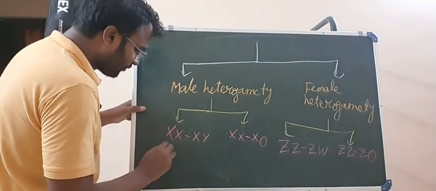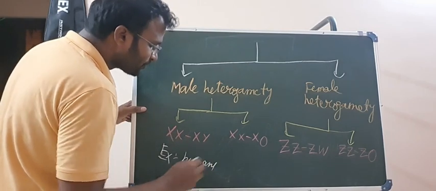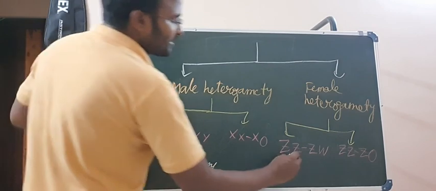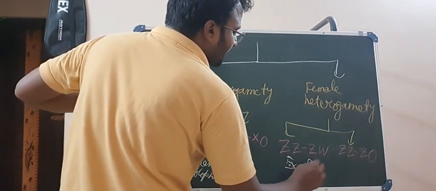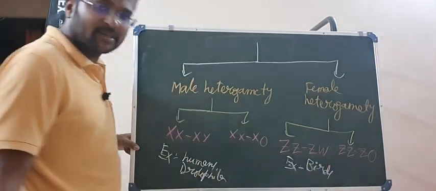XX, XY, if you take, the best example is humans and Drosophila. ZZ, ZW, if you take, best example is birds. Chickens are the best example which you can consider.